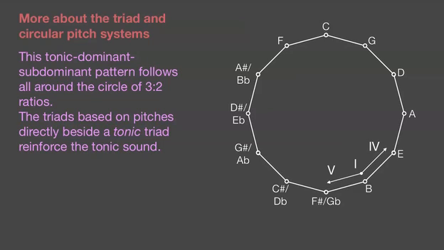E, F sharp, and B. F sharp, G sharp, and C sharp. And now finally we've completed our circle when we hear a B major triad, a C sharp major triad, tonicizing the F sharp 1 triad.